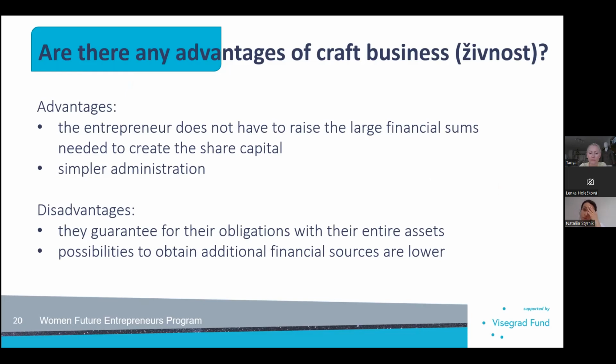What is relatively risky is your guarantee for the obligations with your entire assets, as we have mentioned, and the possibility to obtain additional financial sources is lower in the case of a craft or trade business in comparison with legal entities, for instance, a limited liability company.